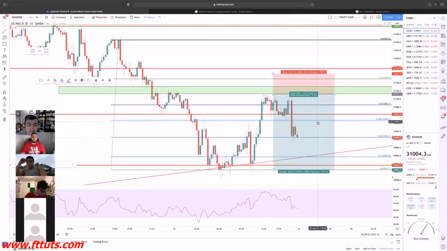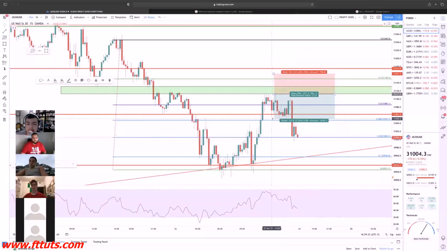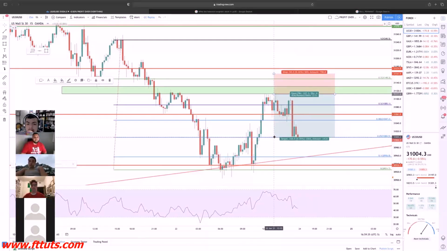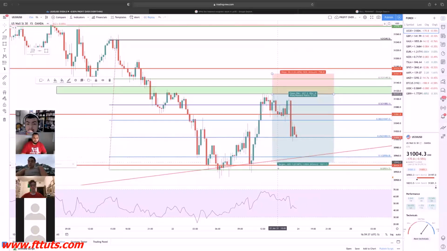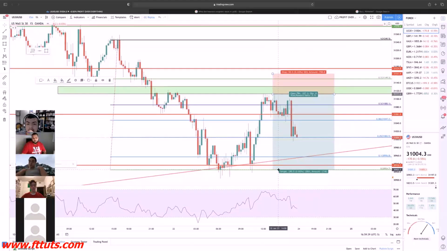But when I do send all TPs, I'm looking for that nice swing all the way up. So for me, TP1 is nothing. I want to make sure that if I enter a trade, I'm at least hitting TP2, TP3, or even the swing.